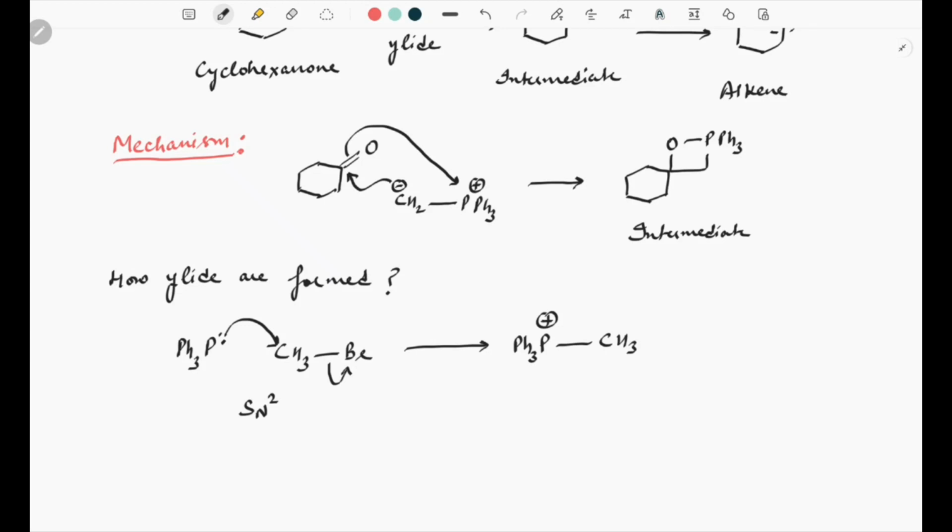Now, due to the presence of positively charged phosphorus, the acidity of these protons which are attached to the carbon increases. As it is increased, they can be easily removed. So, therefore, a phosphorus ylide is formed.